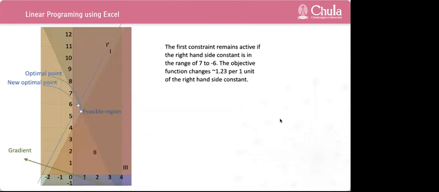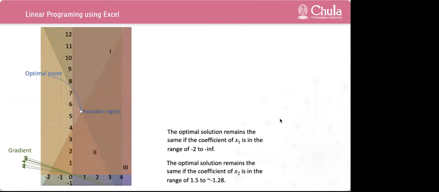So if we look at the graphical representation of the problem, this is our problem, and the optimum solution is here. This is our feasible region. We have 3 constraints, and these 3 constraints form this feasible region, and the optimum point is here.